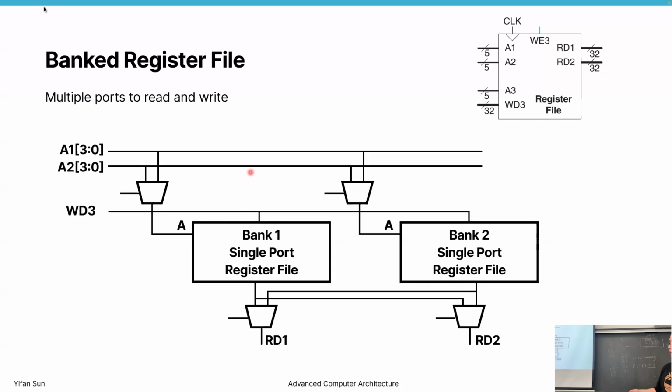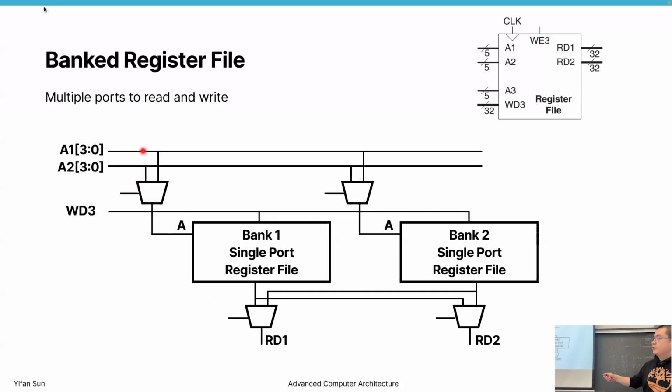In this case, we have 2 banks. As you can see, the wires don't really need to go through all the cells. It only needs to connect to this bank. Then this bank will eventually select one piece of data as the output. Then this data will be routed through this multiplexer as the output. Okay, so if we want to read something like R0 and R1 in one cycle, yes, it's totally possible.